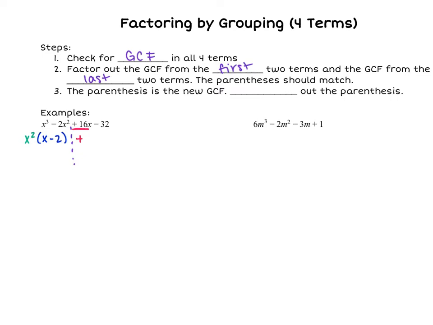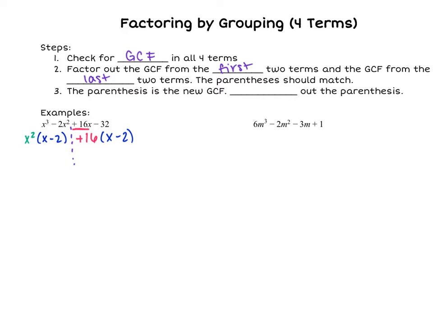The greatest common factor between 16x and negative 32 is just positive 16, and I am left over with x minus 2. Now, you know that you can factor by grouping and that you've done this correctly if your 2 parentheses match, which they do in this case.